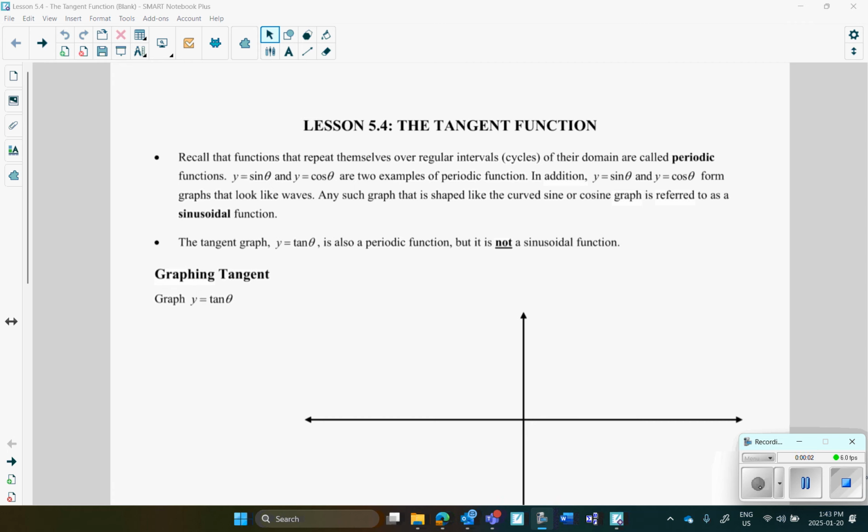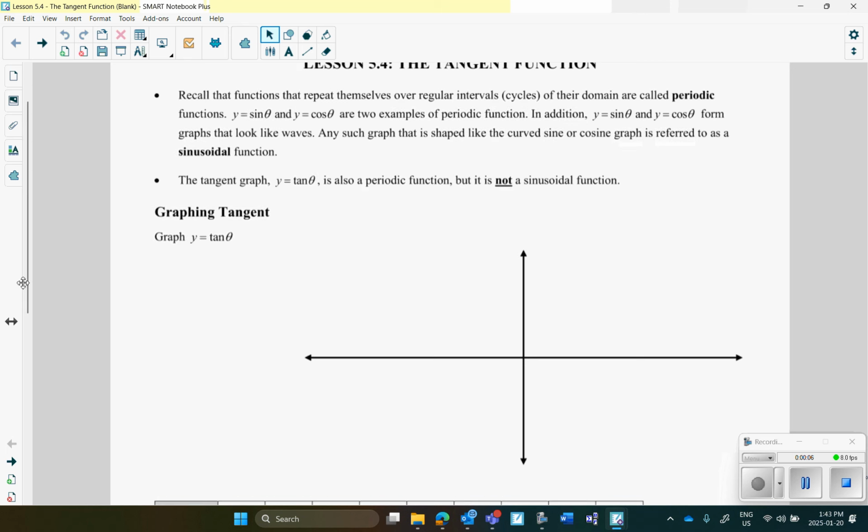So the tan graph. We've seen what sine and cosine look like, very similar to each other. Just one's shifted horizontally away from the other.